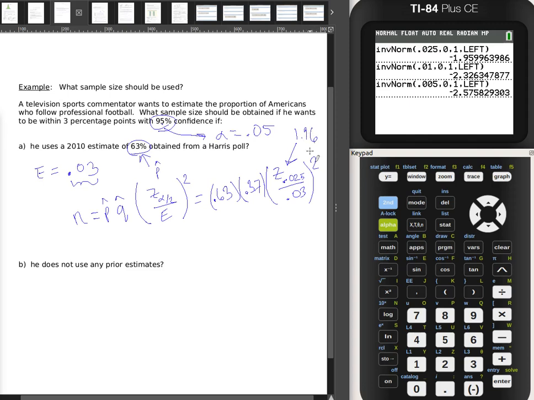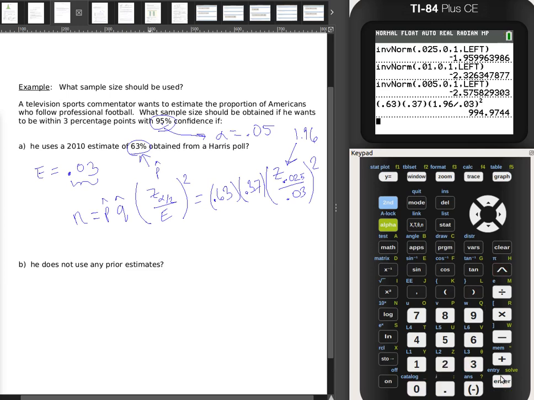Now let's see if we can get all this into the calculator. It's going to go 0.63, times 0.37, and then times 1.96 divided by 0.03, and then we want to square that one. So we will go squared.